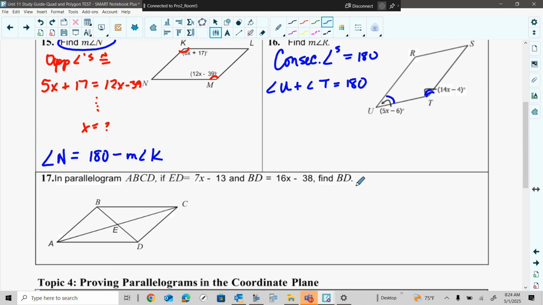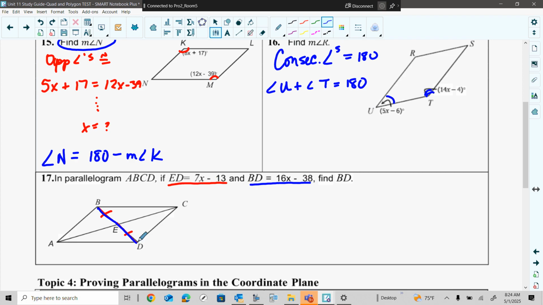Now, when you get to 17, it's still a parallelogram, but they're saying ED, that is this piece, of the short diagonal. It gets bisected. And then they give you BD, which is the whole diagonal.